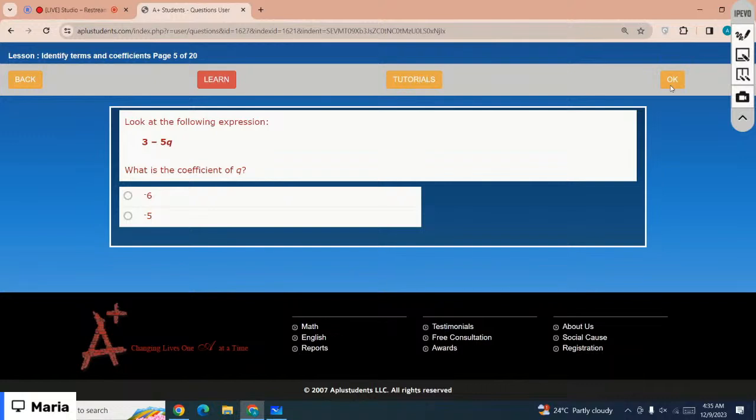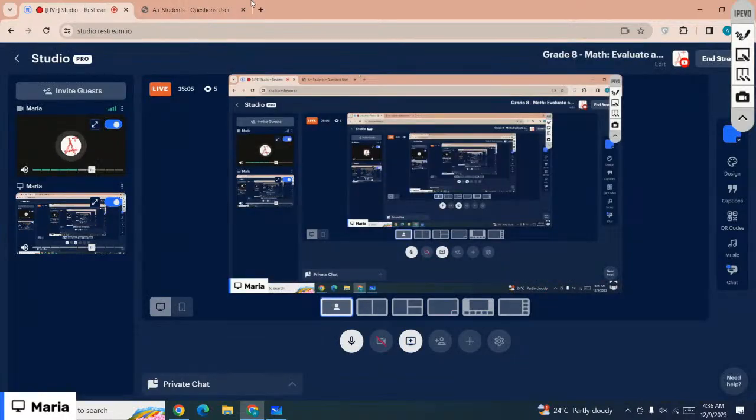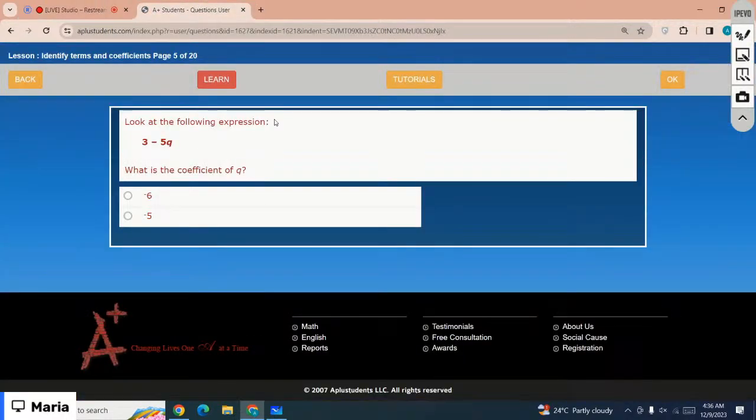What is the coefficient of q? Which is the correct option? The coefficient of q is -5. The correct option is -5, isn't it?